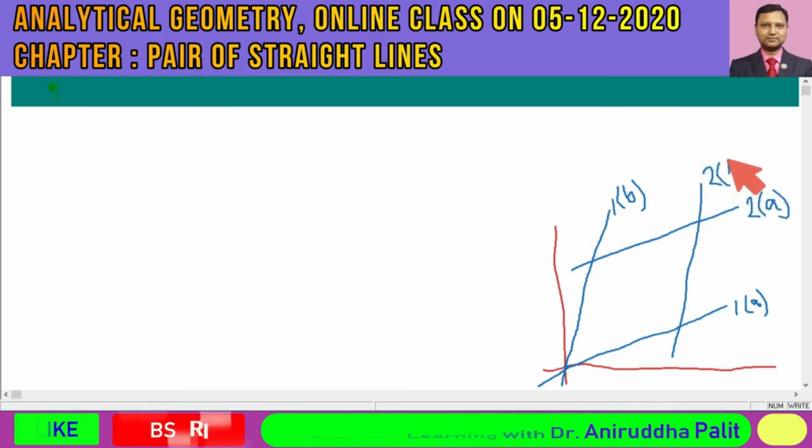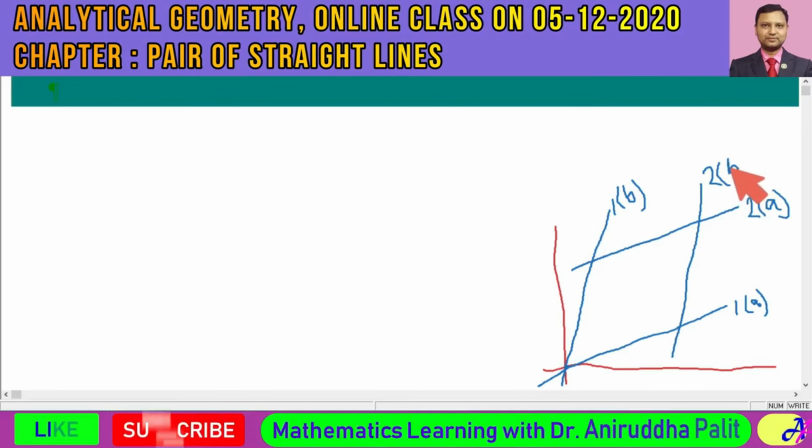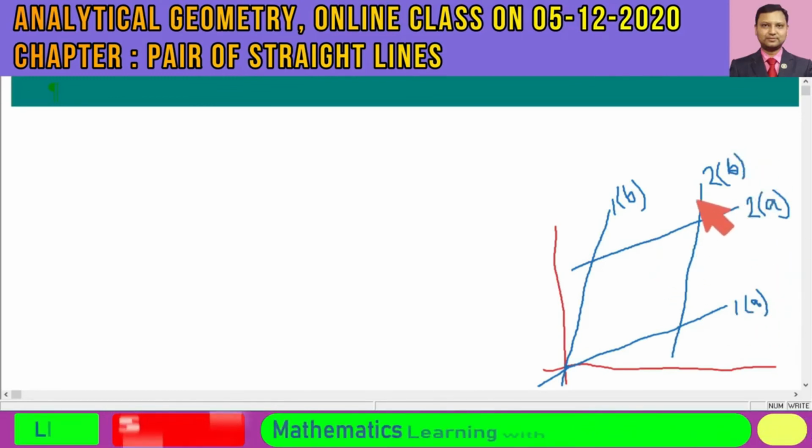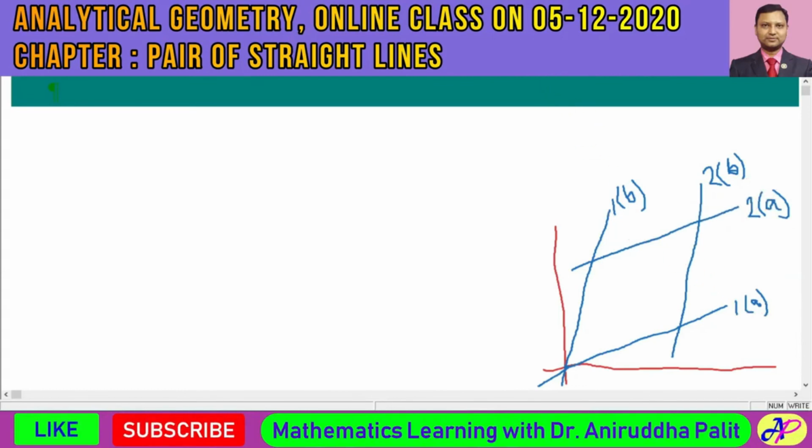That means we can say that 1 is parallel to 2: 1a is parallel to 2a and 1b is parallel to 2b.